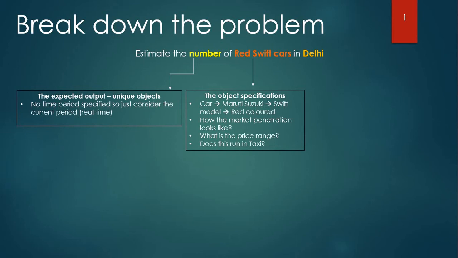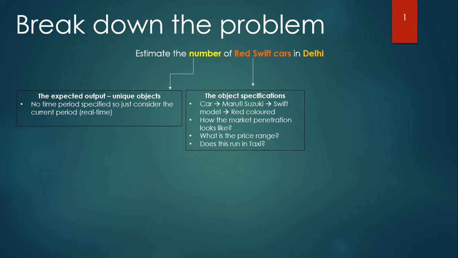In this object specification part, you can think of three questions, there can probably be more. First, how the market penetration looks like, what the price range is, and another one being does this run in taxi. These questions help you to further divide your problem into subparts. We'll see how this works in the later slides.